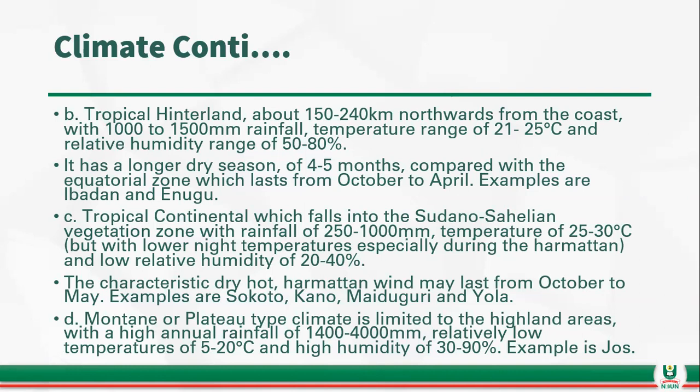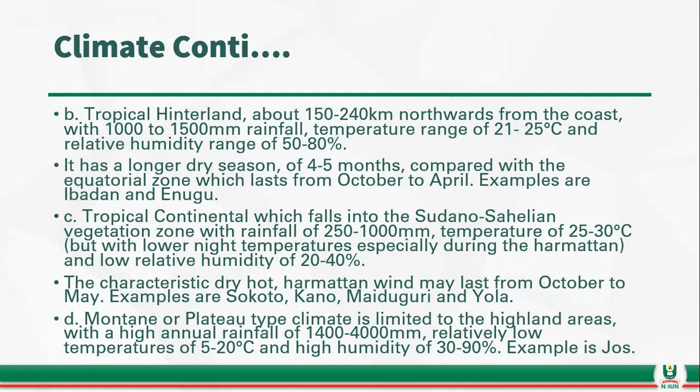Part of the reason why the rainfall here is low is the low humidity. Remember that rainfall is a function of how humid the region is. So higher humidity results in higher rainfall. If the humidity is just about 40%, obviously the rainfall there will likely not be high. That is why we experience higher temperature in those areas.